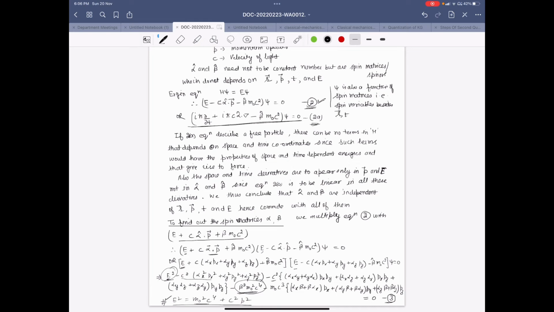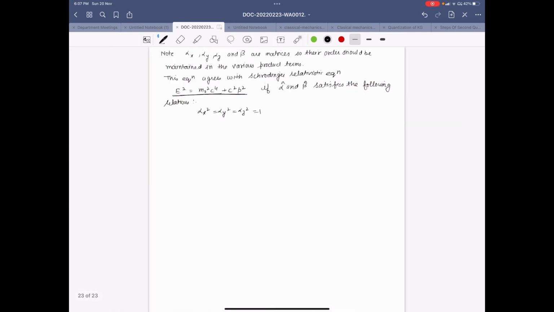Except these, all terms must somehow be 0. This can only be possible if alpha x square, alpha y square, alpha z square.